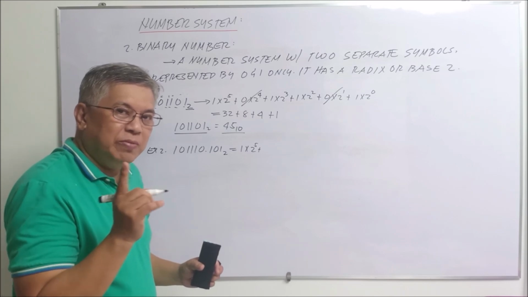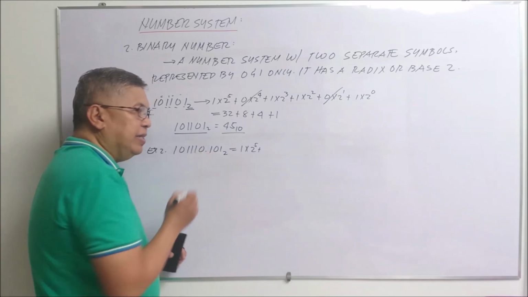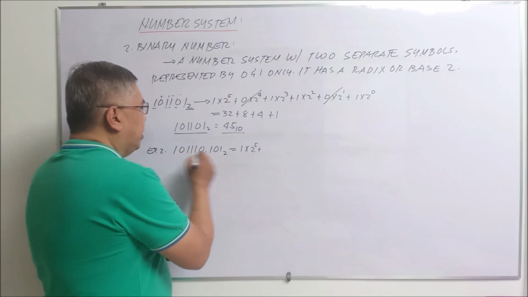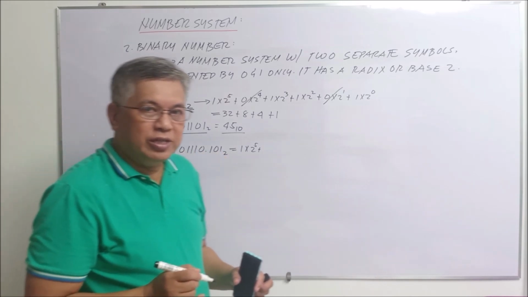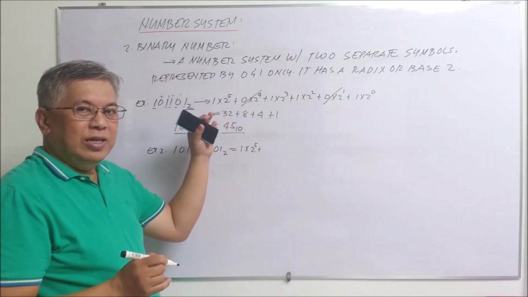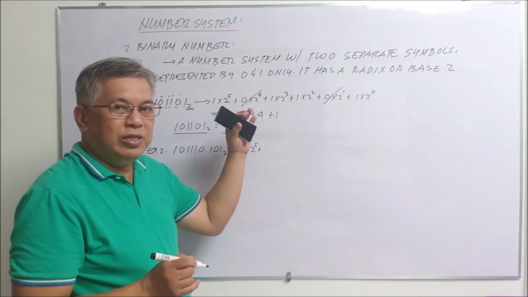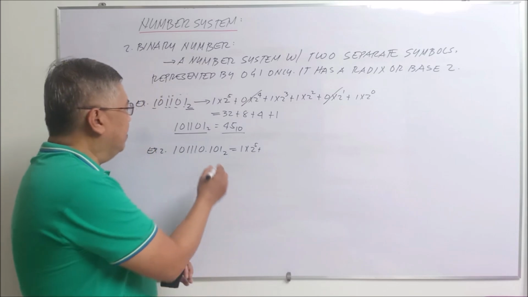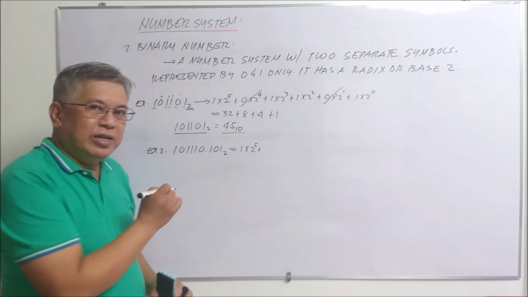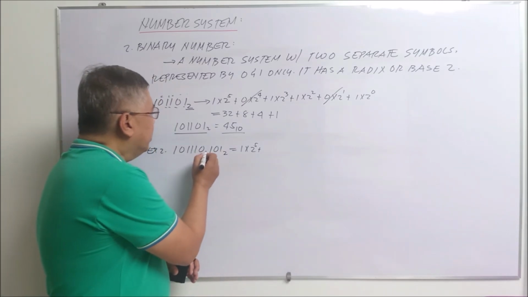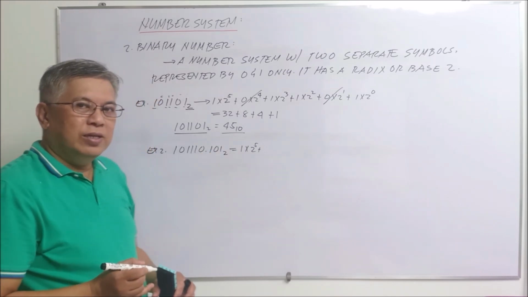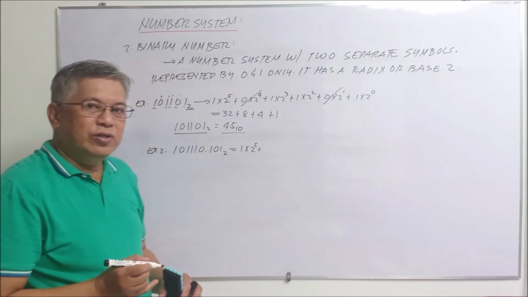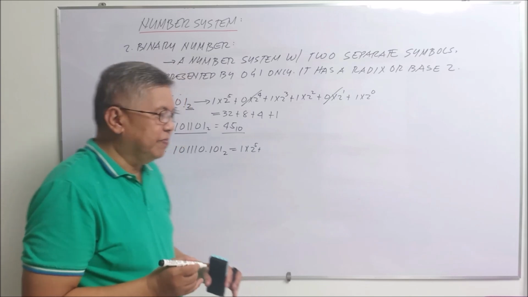Not a decimal point, but a binary point, because this is a binary number system. In the decimal number system, the point is a decimal point. Here, we're using the binary number system, so the point is actually called the binary point.